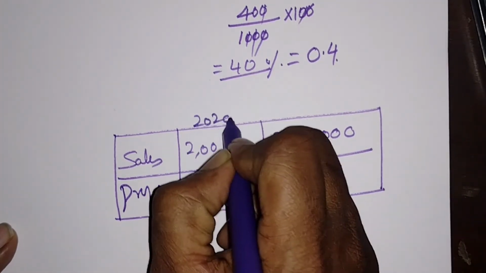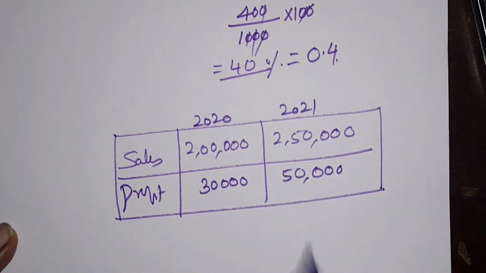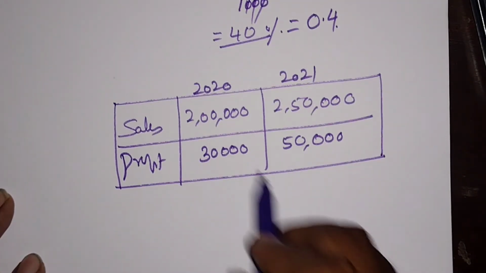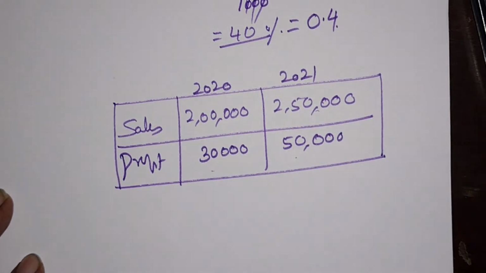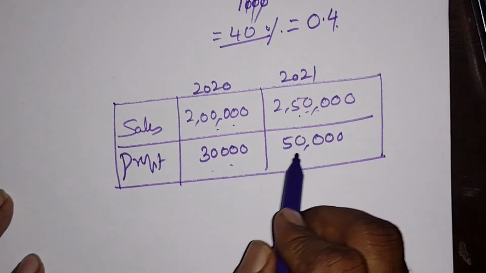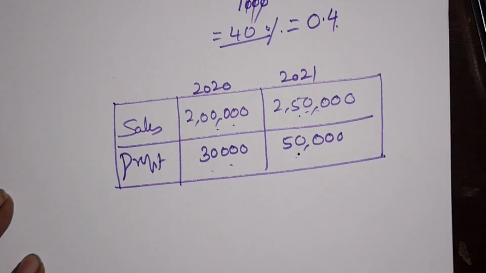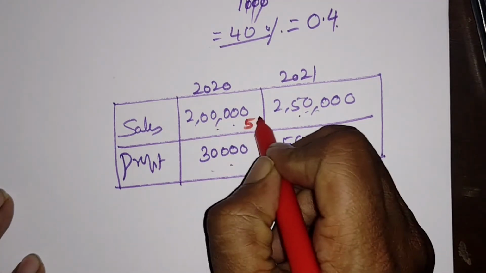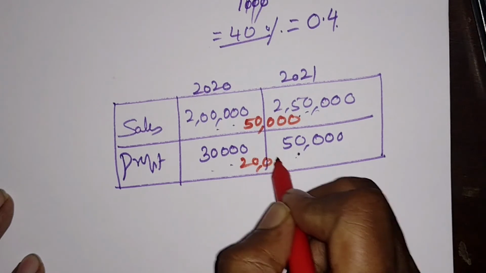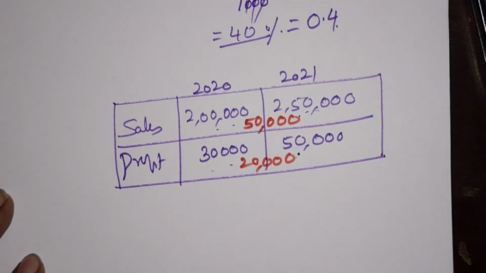For example, this is in 2020 and 2021. Now you see that the sales of two different periods and profit of two different periods is given. So definitely there is a change in sales and there is a change in profit. How much is the change in sales? The change in sales is 50,000 rupees and the change in profit is 20,000 rupees.